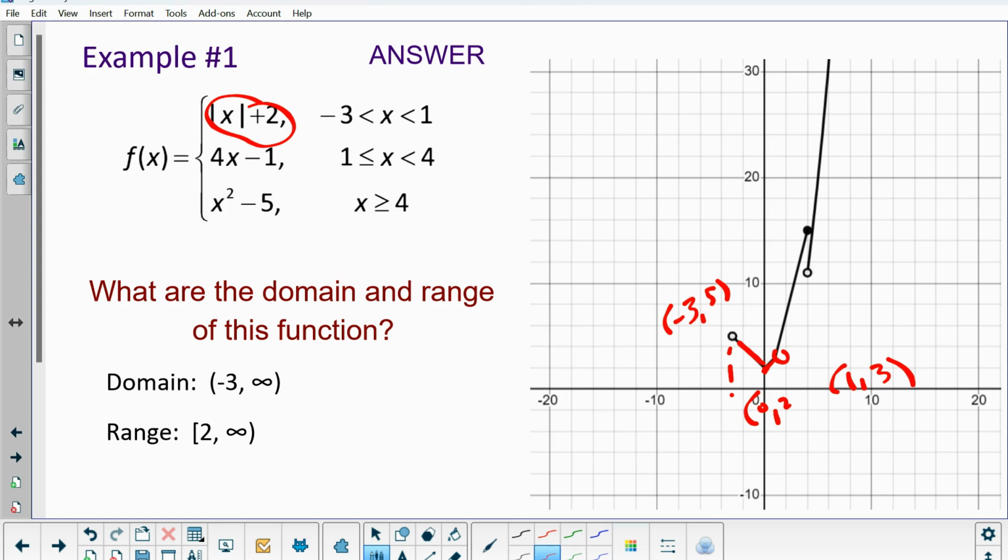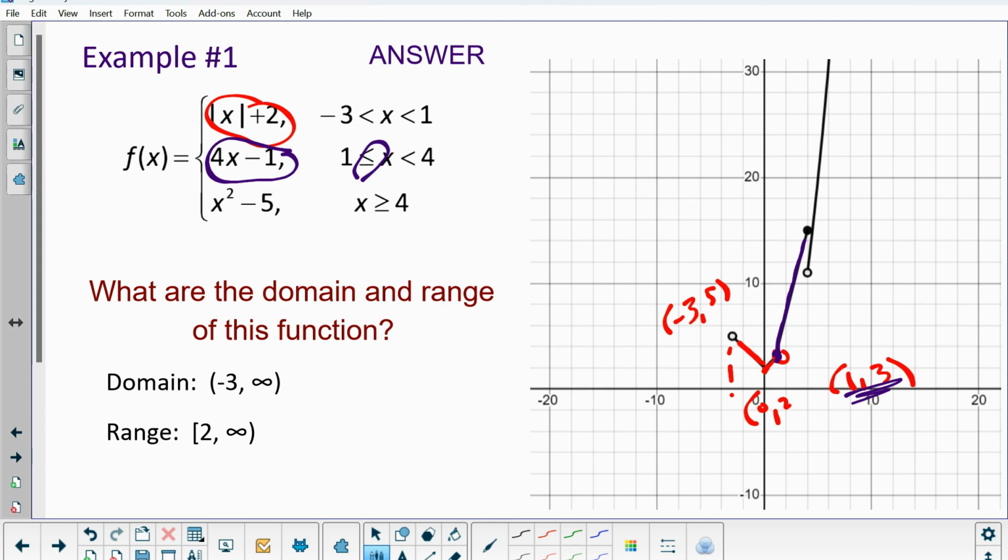But then when you go to graph the line and start plugging values in, if I put 1 into the line, 1 times 4 minus 1 is 3. So the line ends up at the same point, 1, comma 3. And because of this less than sign, it's going to fill in that hole. So the red absolute value puts a hole there at 1, and the purple line fills in the hole at that spot.